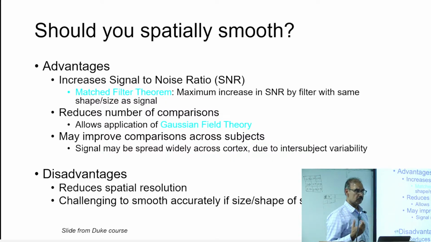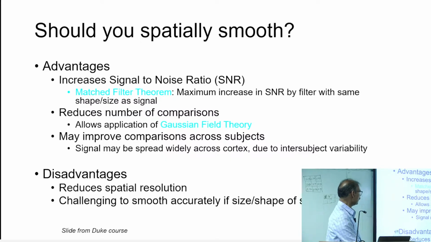So for example, if I want to remove my respiration rate, I can just design a filter that can remove my respiration rate. So it can give a lot of benefit to the signal, and my signal to noise ratio would increase.